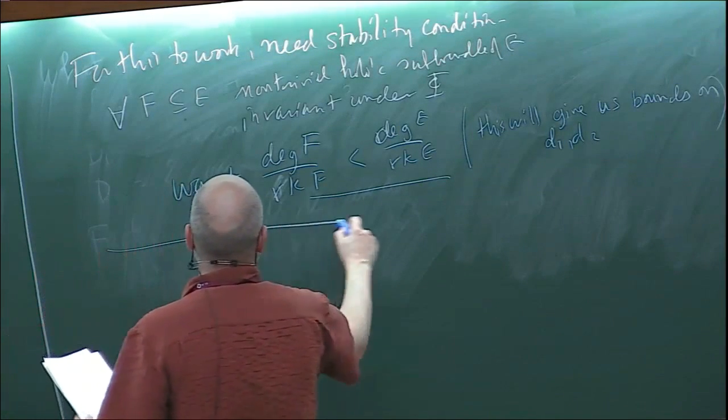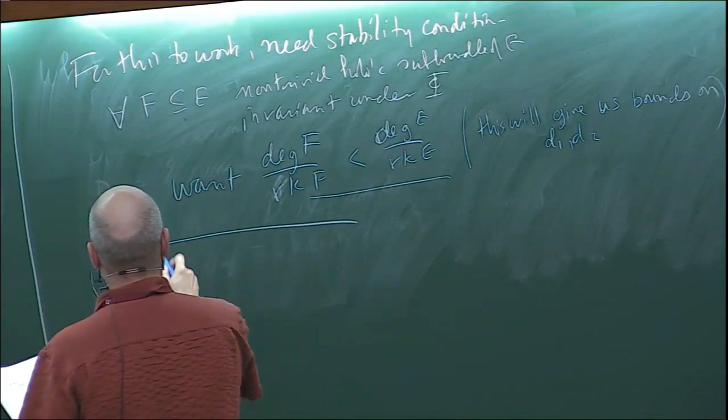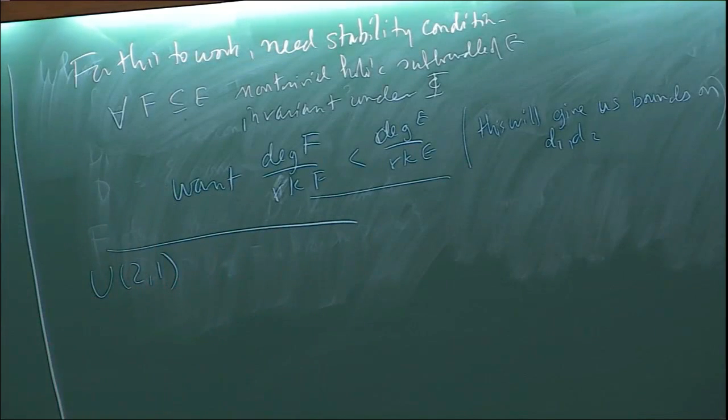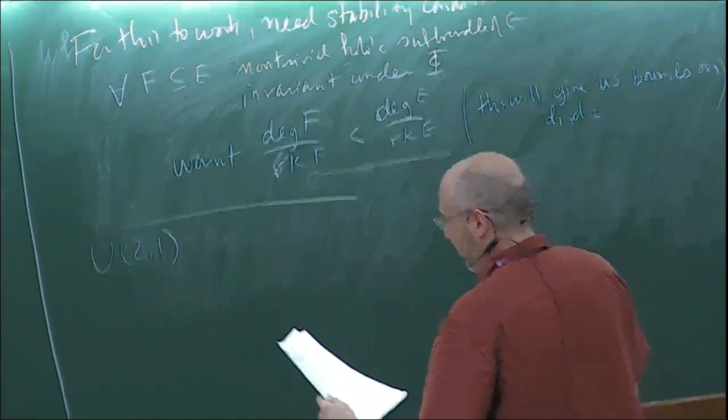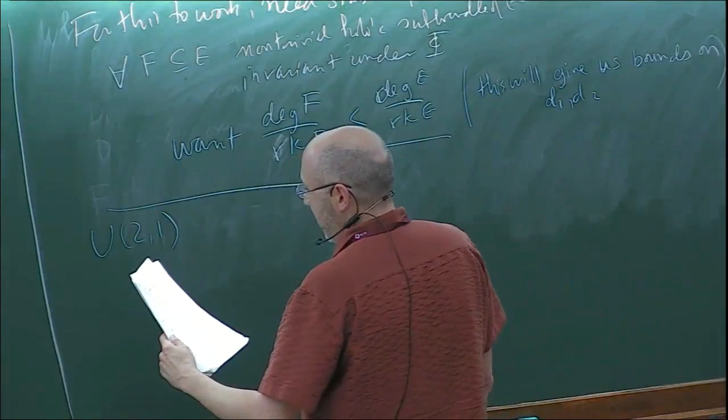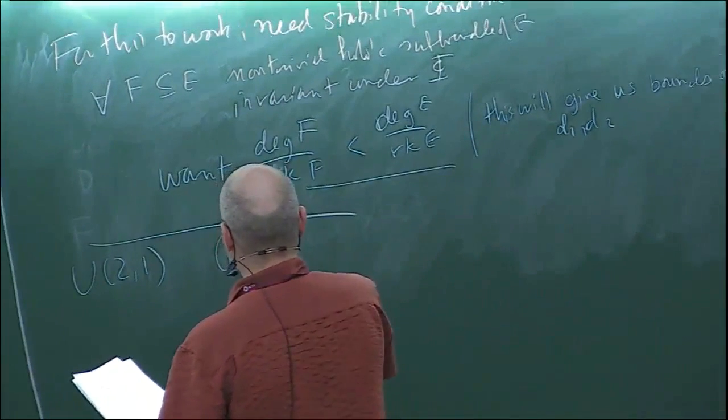Okay, so now what I'd like to do is consider U21. In particular, U21 is the group in GL3 that respects this Hermitian form that I wrote down. And so you're going to have the Cartan decomposition.